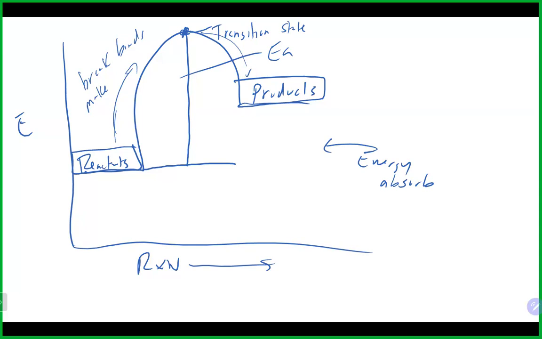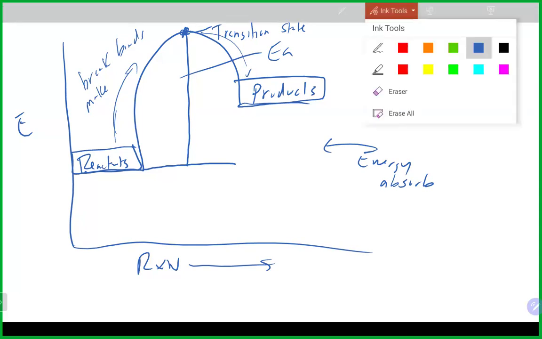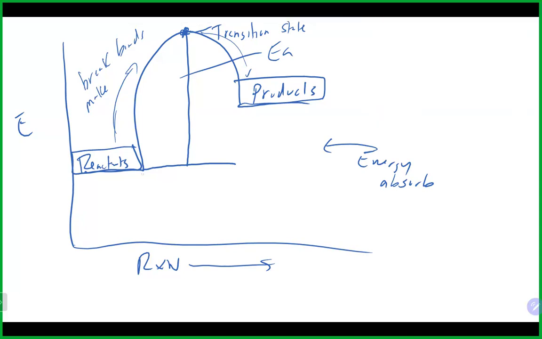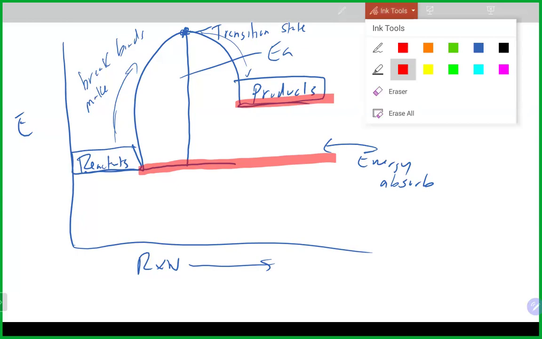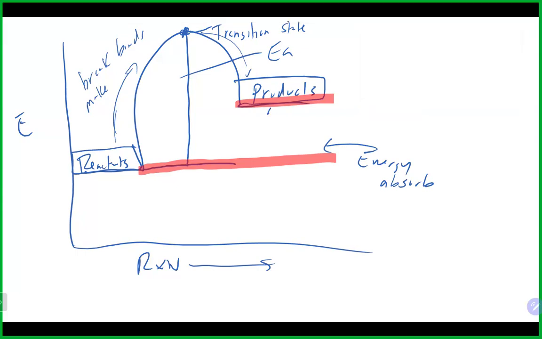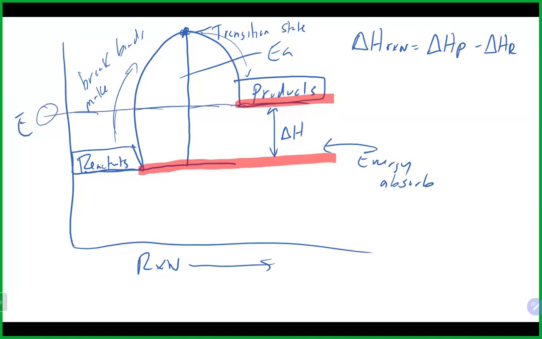Now, just like before, the energy difference between our reactants and our products is once again going to be our delta H for this reaction. And if we think about what's happening when we calculate delta H of our products minus the delta H of our reactants, our products in this case are much higher in energy.